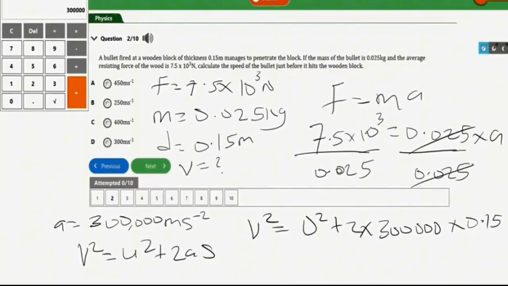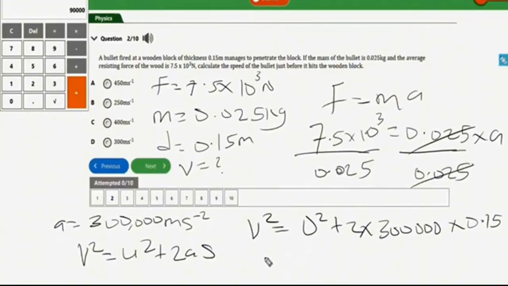Let's punch this in the calculator: 300,000 times 0.15 times 2. So we have 90,000.